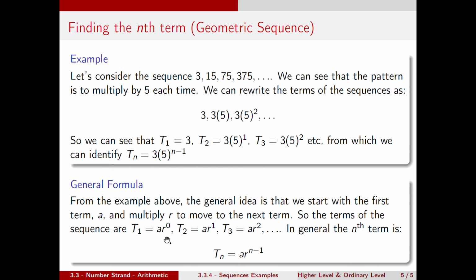And notice that the common ratio r, regardless of what it is, if it's raised to the power of 0, will be equal to 1, giving us that t1 is equal to a, which is what we wanted. t2 is then equal to a times r to the power of 1, which is just a, our first term, multiplied by our common ratio just once. T sub 3 is equal to a times r squared, and so on, giving us that t sub n is equal to a times r to the power of n minus 1.